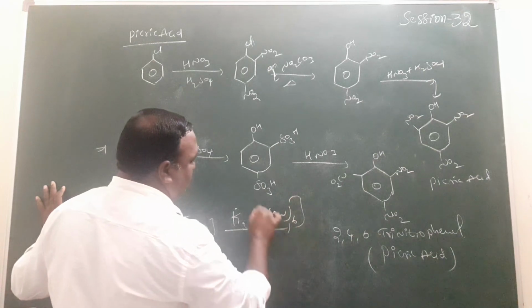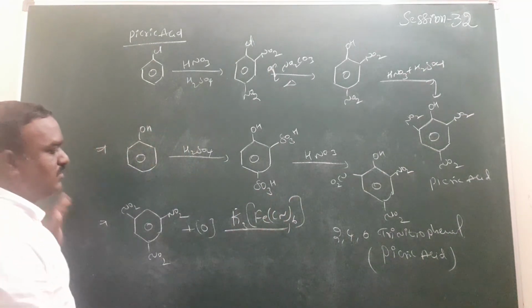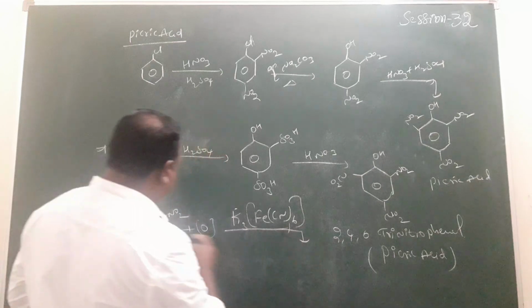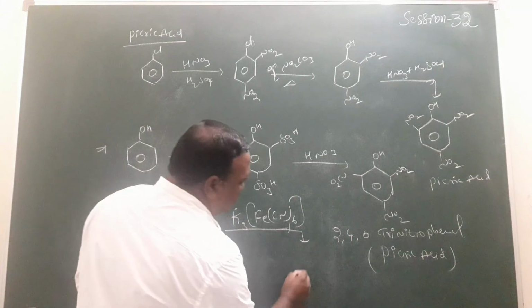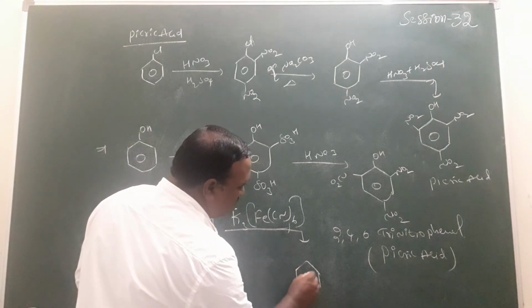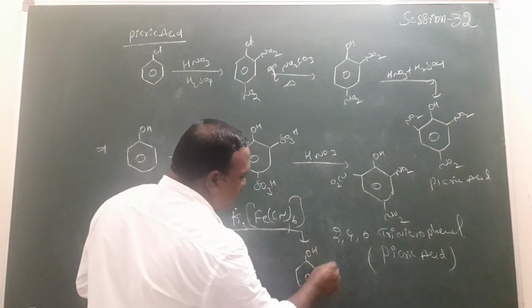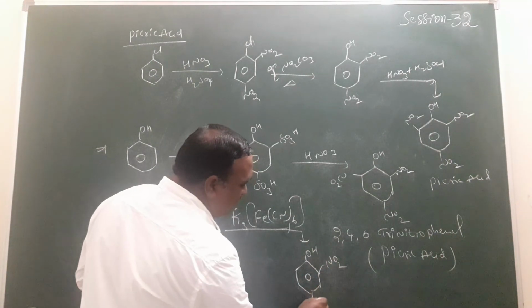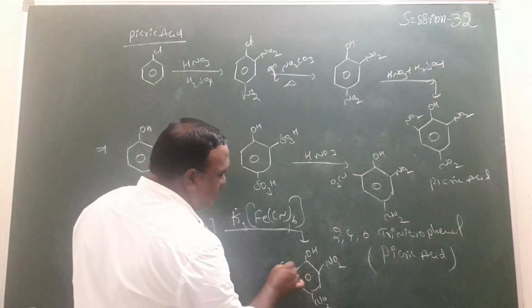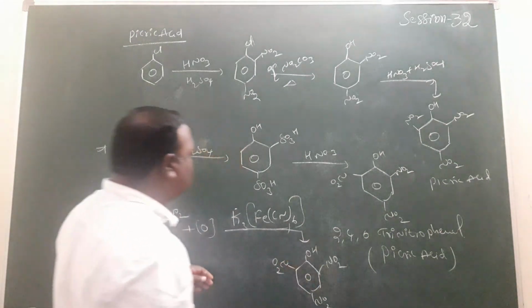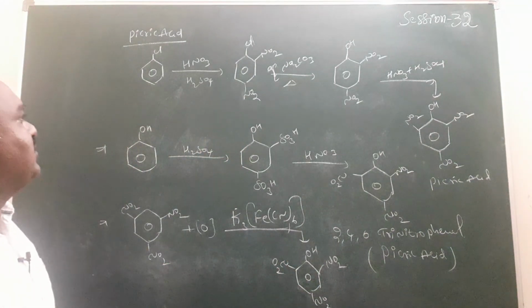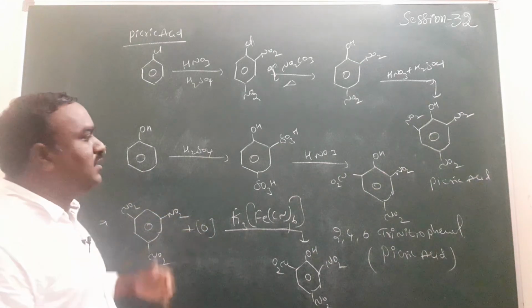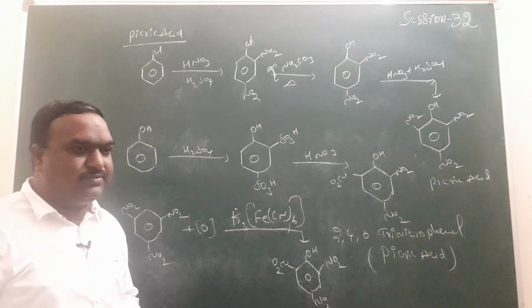When the molecule undergoes oxidation, it produces the trinitro compound which is generally called picric acid. Again, picric acid is formed here. This is the way to prepare picric acid from different types of compounds.